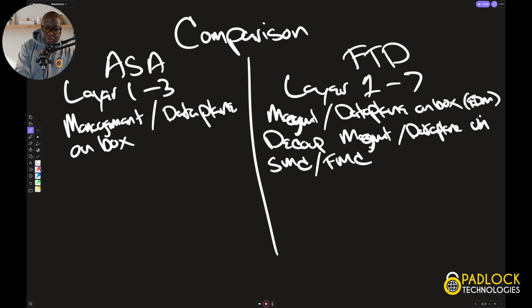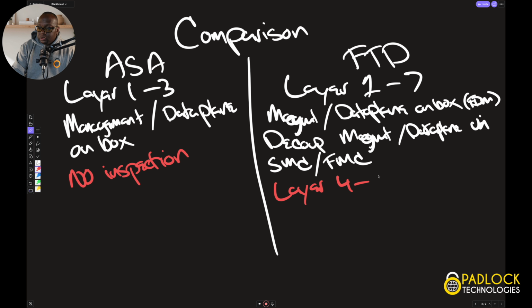Without the SFR module, ASAs have no inspection of traffic. And like I always say, you can't fight against something you can't see. So you can't see it, can't expect it, you can't protect yourself from it, right? With the FTD, you have all the layer 4 through 7 inspection capabilities.